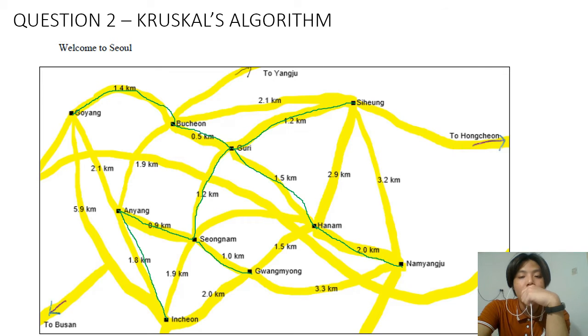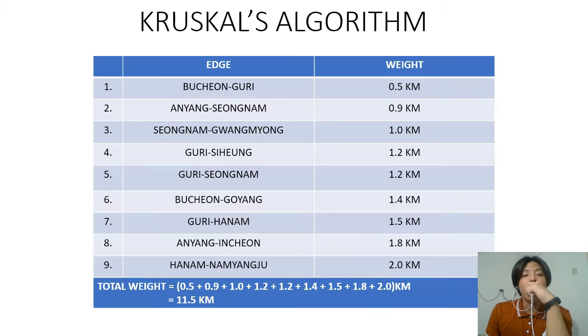Okay, all the vertices are connected. So we are done. And next, for the next step, to find the minimum spanning tree using Kruskal algorithm, we will total up the weight of the graph that has been highlighted in the previous slide.